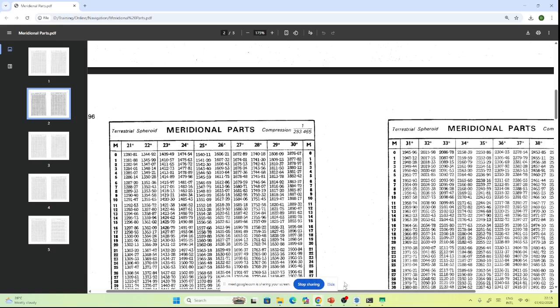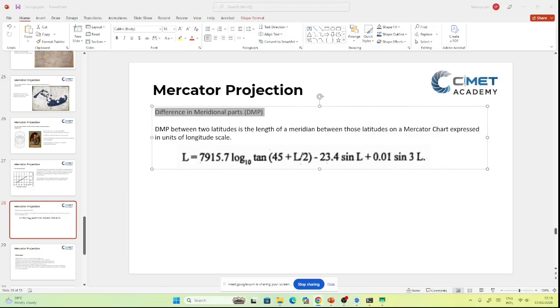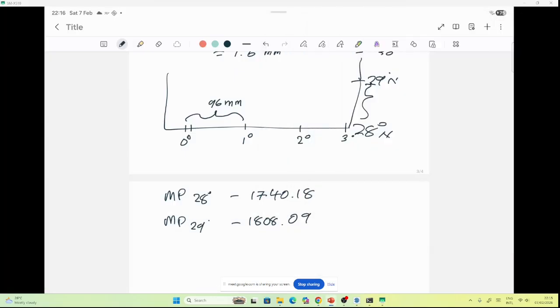All right. So I basically wrote down these two. Can you see? MP of 28 is this one. MP of 29 is this one. Can you see that, guys?